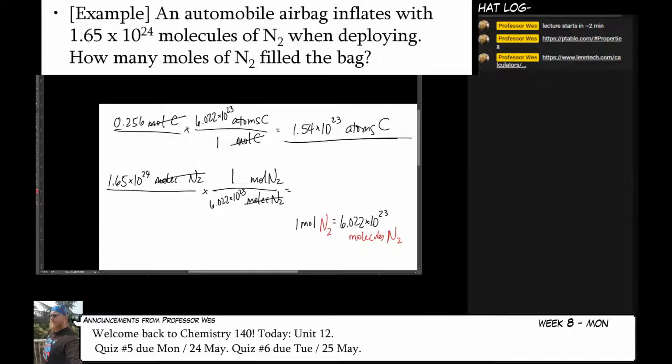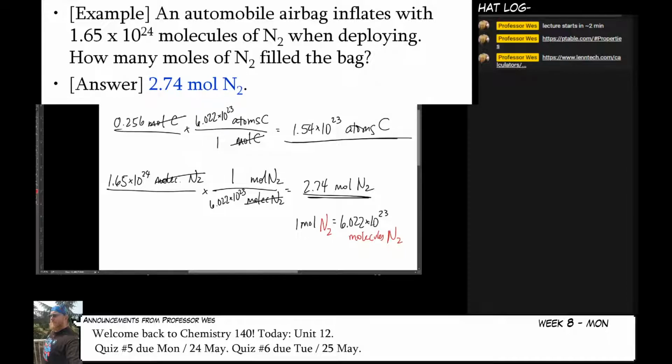And you should get 2.74 moles of N2. So those are some very basic calculations between atoms and moles.